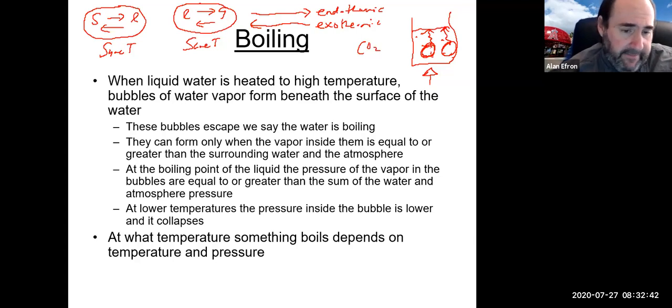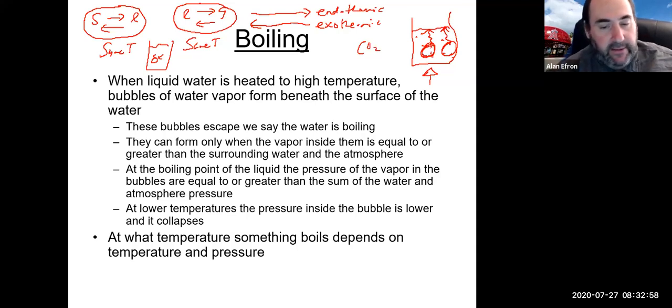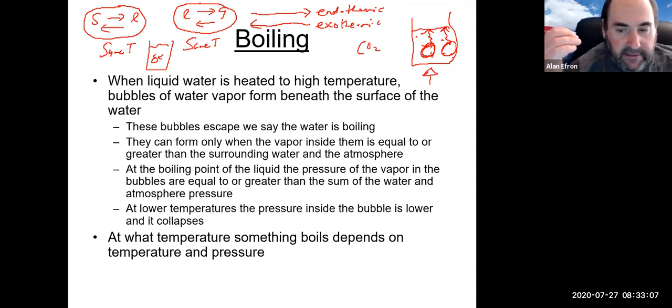Before that happens, you may see some bubbles start to form, but they may pop before they actually get to the surface of the liquid. And that solution would not be boiling at that point. That's because we can only get those bubbles to form under the surface if the pressure inside the bubble is greater than or equal to the atmospheric pressure pushing down.